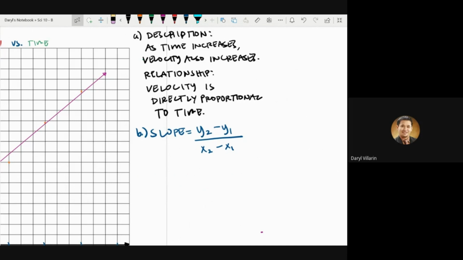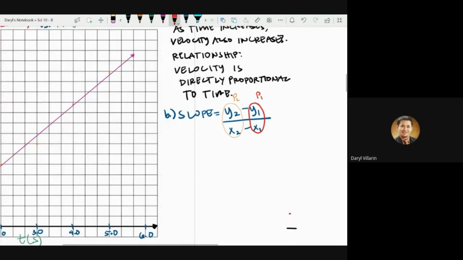And remember that y2 and x2 come from your point 2 or P2 from your graph, and your y1 and x1, you can think of as your P1, a point in the graph designated as P1.